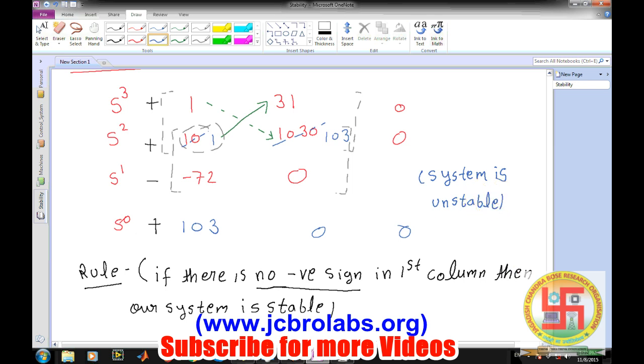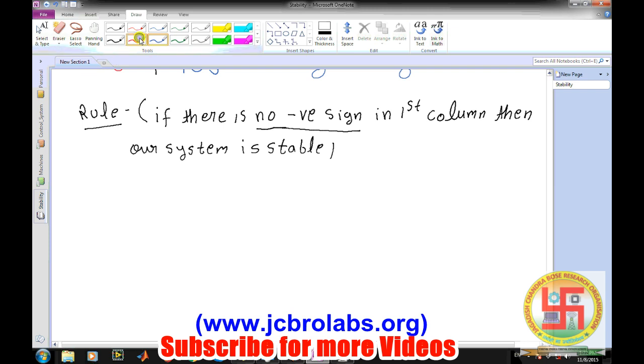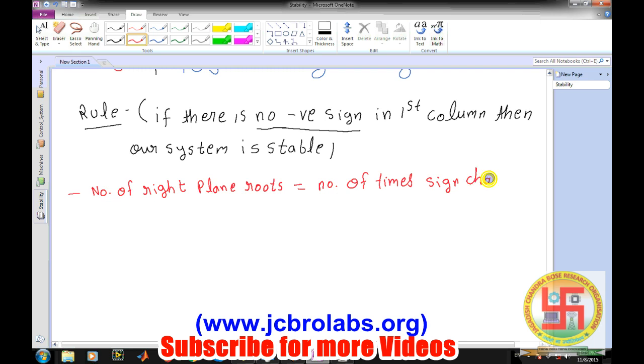Now another thing is we are interested in how many roots are lying on the right side. The number of right half plane roots is equal to the number of times the sign changes. Wait, this is not a negative sign, it is just to indicate the point.